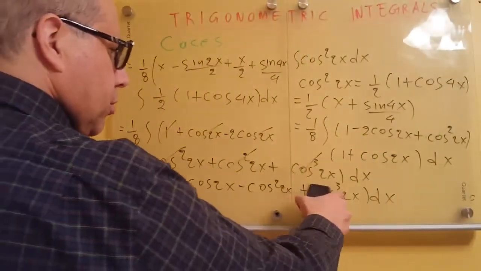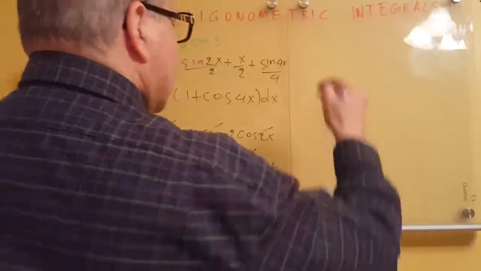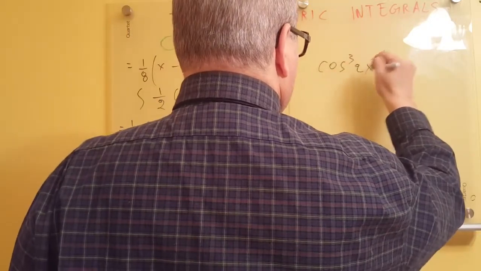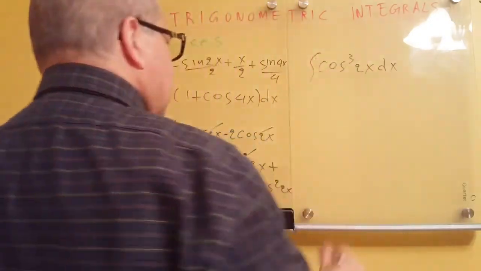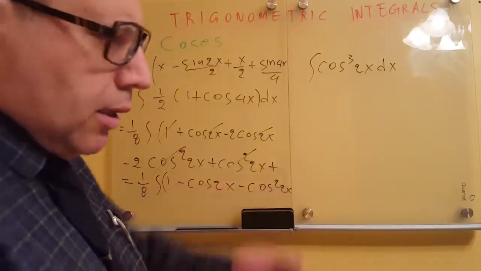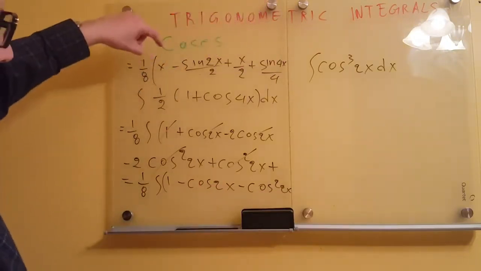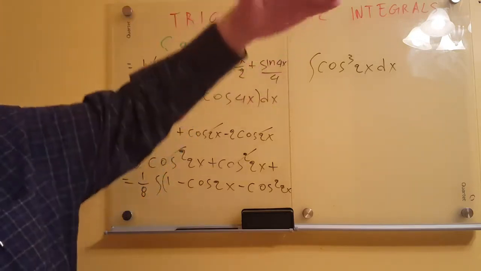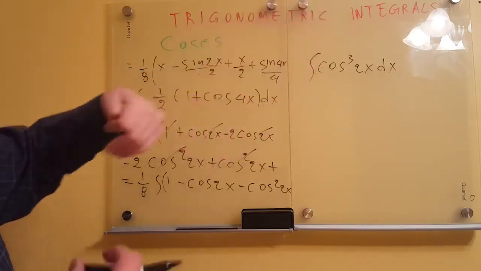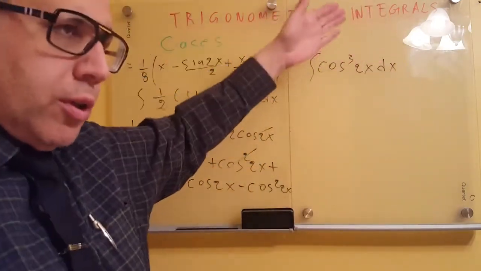And now I just have to find the integral of cos to the third 2x. So the integral of cos to the third 2x dx. So here I have to use the first case of sine x to some degree times cos x to some degree. And as I said from the beginning, you might have just the sine or the cos.